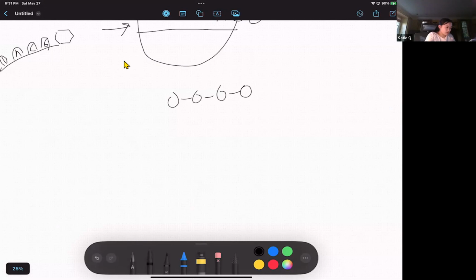So if you refer back to the chart, let's say I originally had TAT, but then a mistake happened, and it ended up having C. There would be nothing wrong because it codes for the same amino acid.